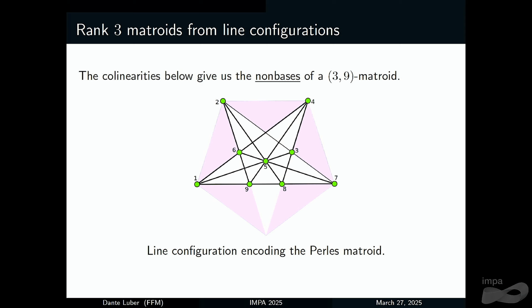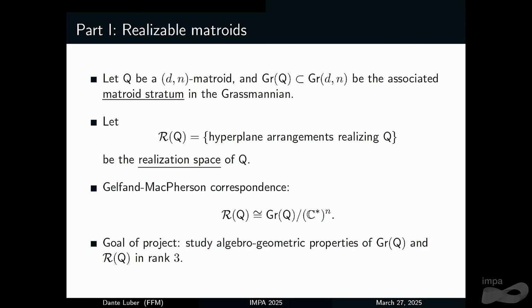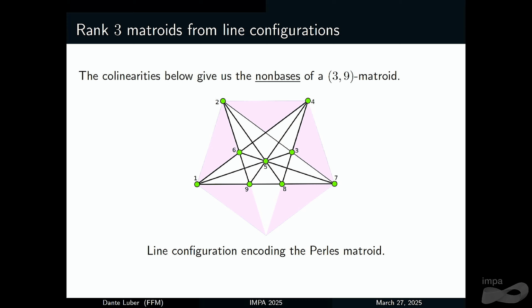Okay, and so we're going to emphasize the rank 3 case. What's nice about the rank 3 case is that you can encode rank 3 matroids with these point-line configurations. So we have this weird line arrangement here with 1, 2, 3, 4, 5, 6, 9 marked points on it. And those marked points correspond to the elements of our ground set. And then the collinearities amongst those marked points give you the non-bases of your matroid.